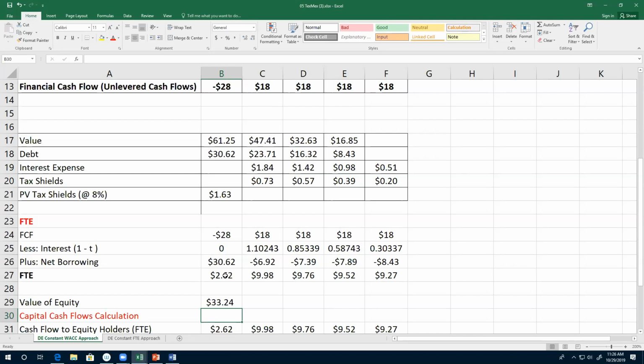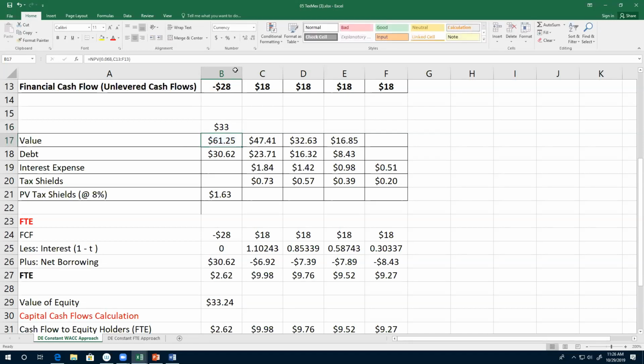Again, the point that I'm trying to make over here is this. When you figured out the worth of these 18s over here as 61.25, this was the worth of all the financial cash flows. In order to get the NPV at that time, you had basically taken this guy, and then you had added this negative 28 to see what is the extra value that is going to be created.